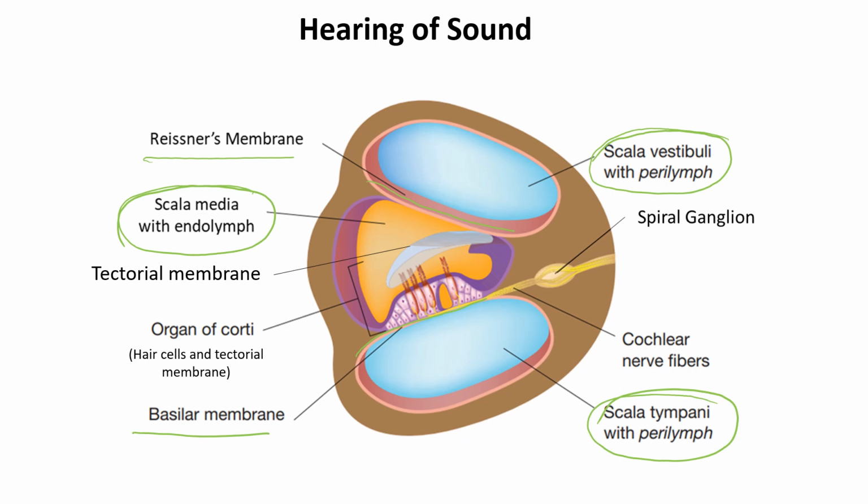So the first vibrations of the sound waves are created in the perilymph of the scala vestibuli. These vibrations are transmitted via the Reissner's membrane into the endolymph of the scala media. Vibrations of the endolymph cause movement of the basilar membrane that is present over here.